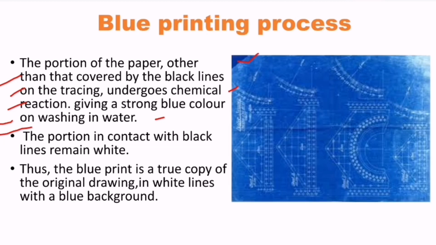The portion in contact with the black lines remains white. Thus the blueprint is a true copy of the original drawing in white lines with a blue background. That's why this is the blueprinting process.